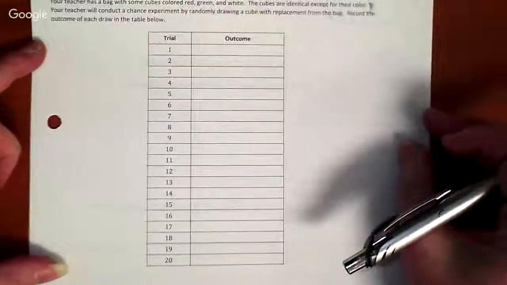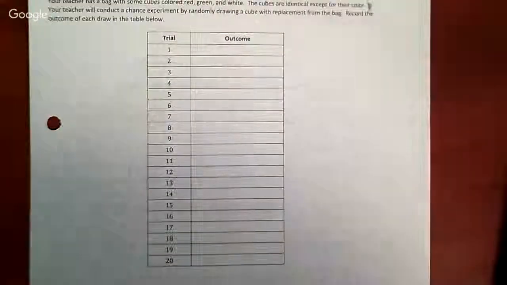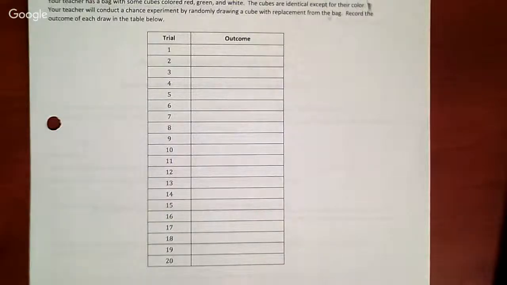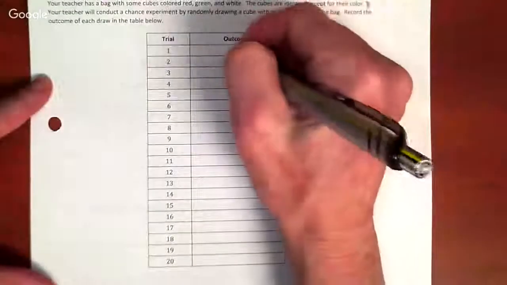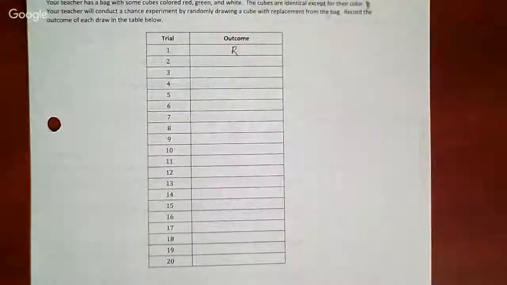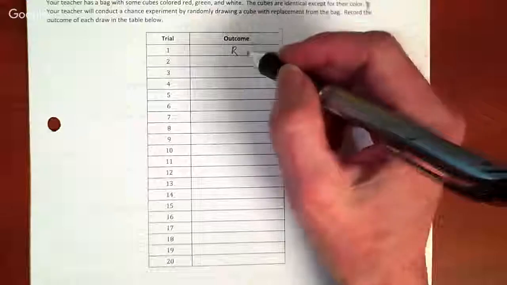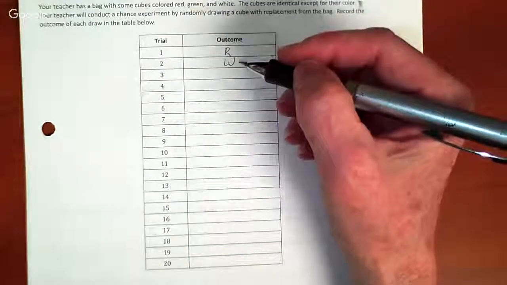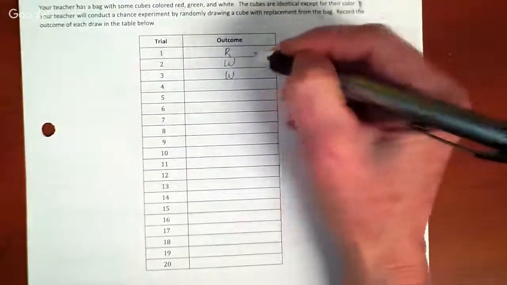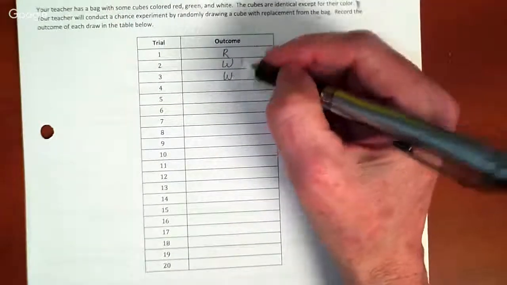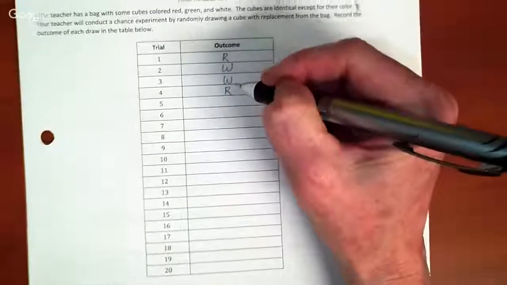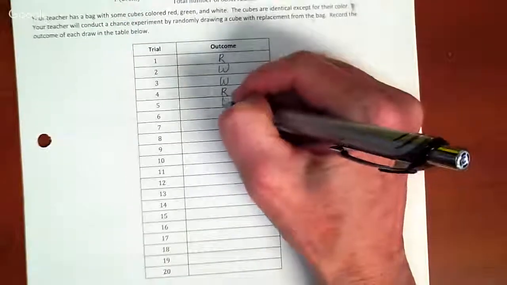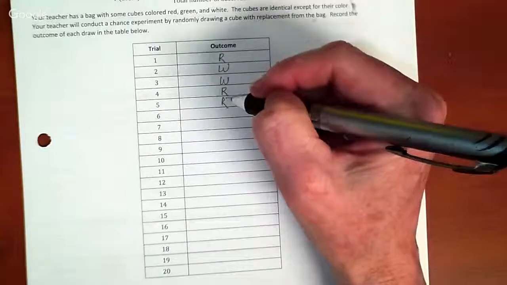So let me make sure I've got my table here so that I can draw them out. I'm going to be picking them out. I've got red. White. White. Red. Red.